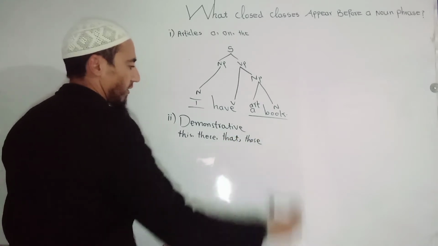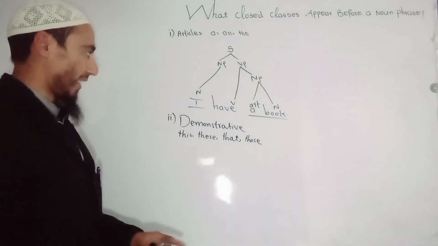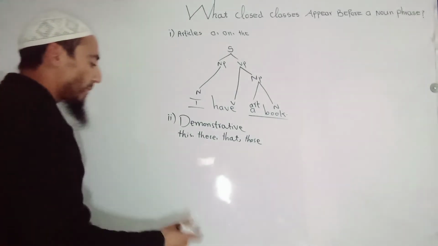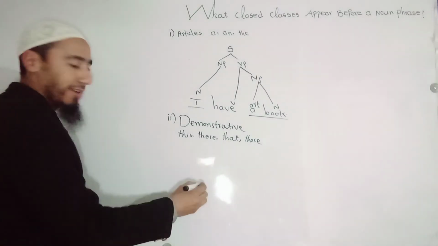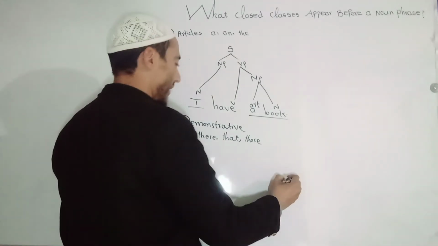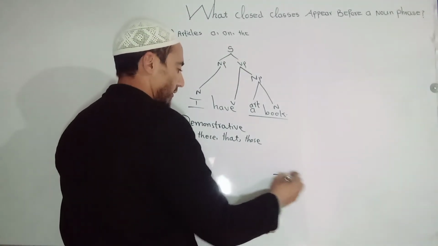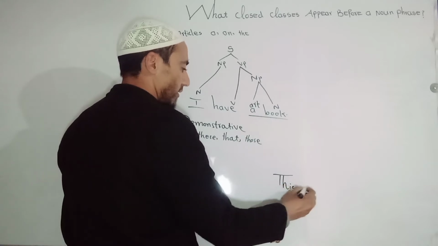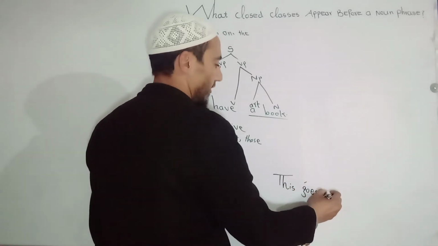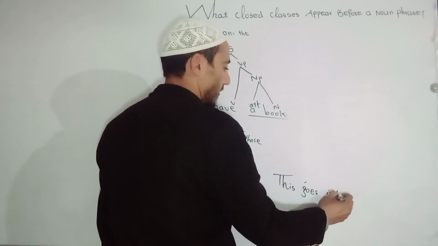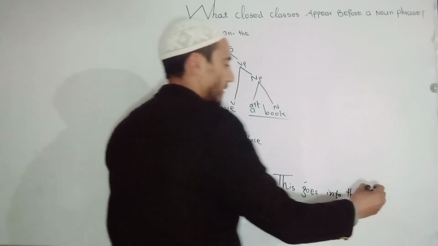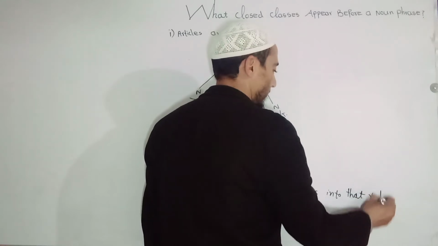These are called demonstratives. I'm writing a sentence to show that demonstratives appear before a noun phrase. The example would be like: this goes into that red box.